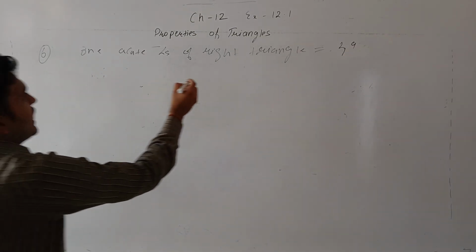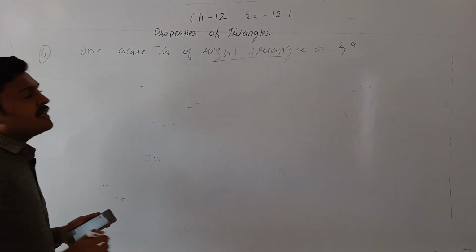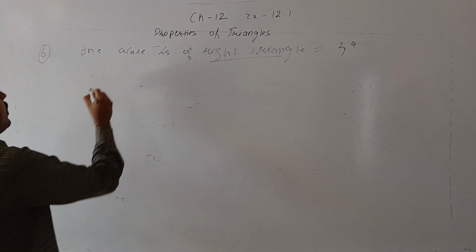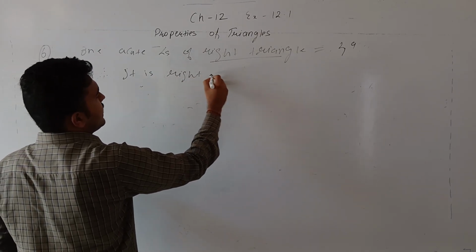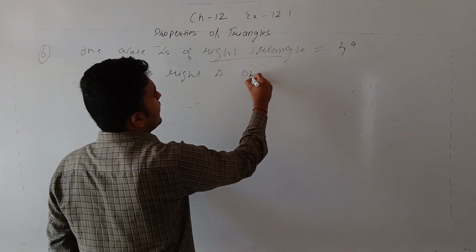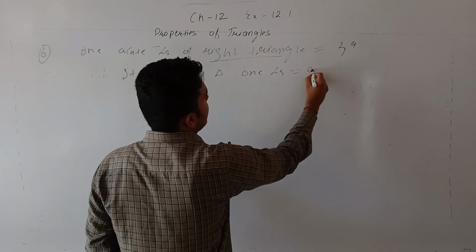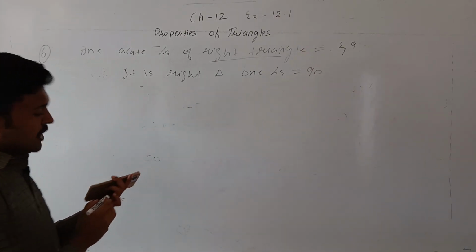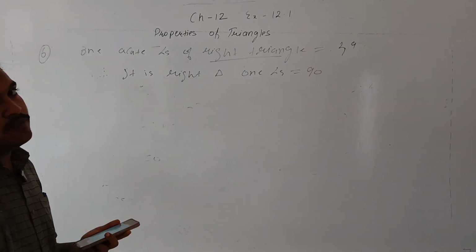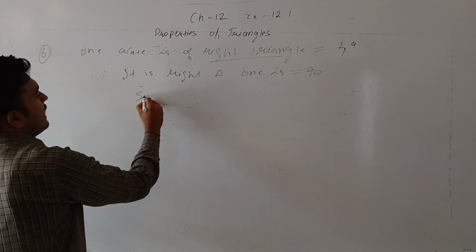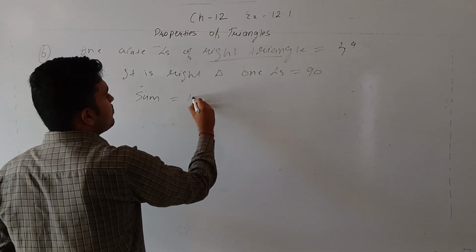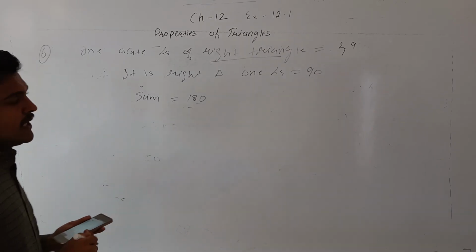Because it is a right triangle, therefore one angle is equal to 90. One angle is given as 49 and we have to find the third angle. Again, the sum must be equal to 180.